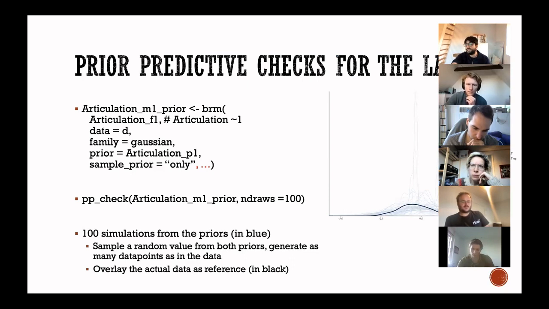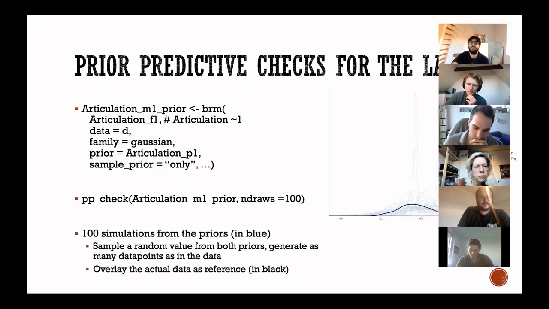A lazier and, I think, more effective way of doing prior predictive checks, of looking at how the outcome looks given the priors that we're setting, is implemented in BRMS, the package that we're going to use. So here I'm defining a model, articulation model 1 prior.